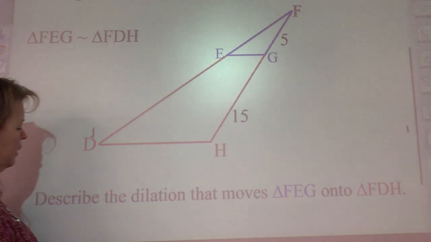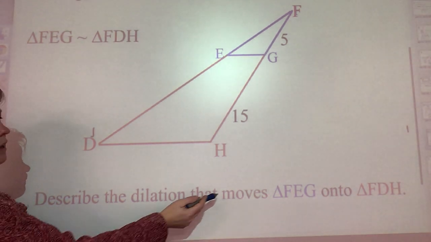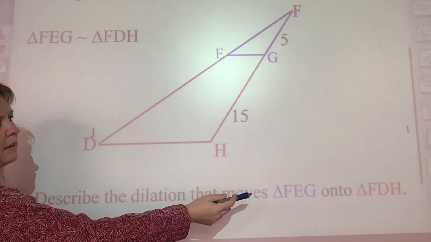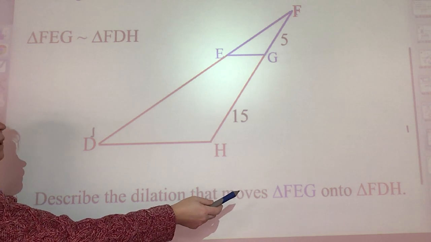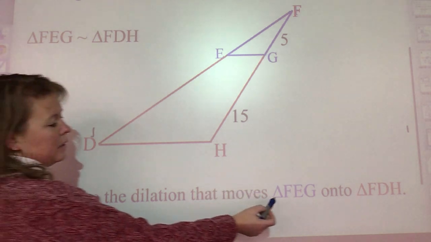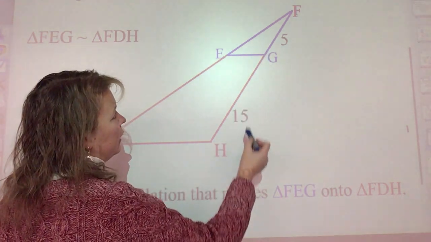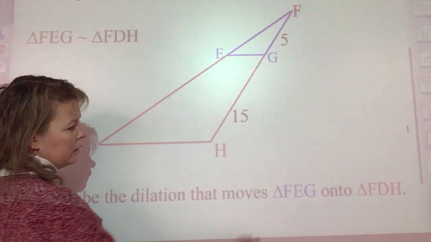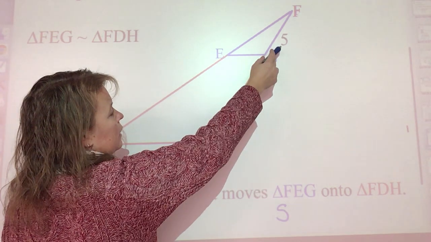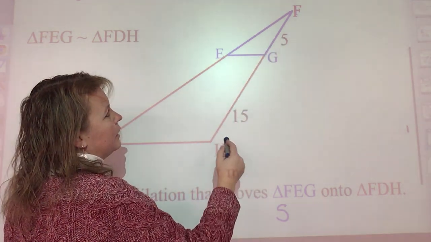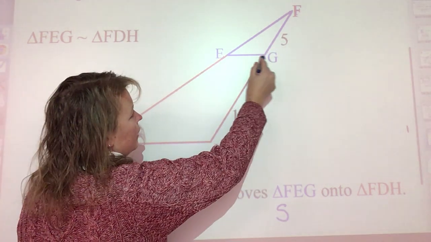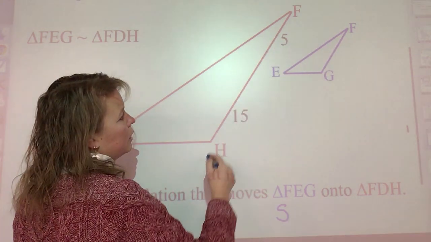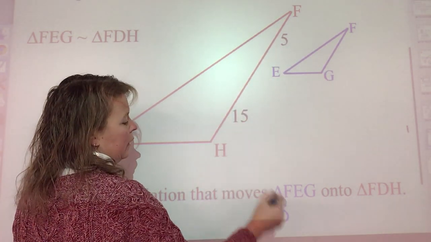Looks like this. Describe the dilation that moves triangle FEG onto FDH. Very closely related to a scale factor, but how does FEG get onto FDH? Notice it goes from 5 to technically 20, because FDH is the length of that is 20.